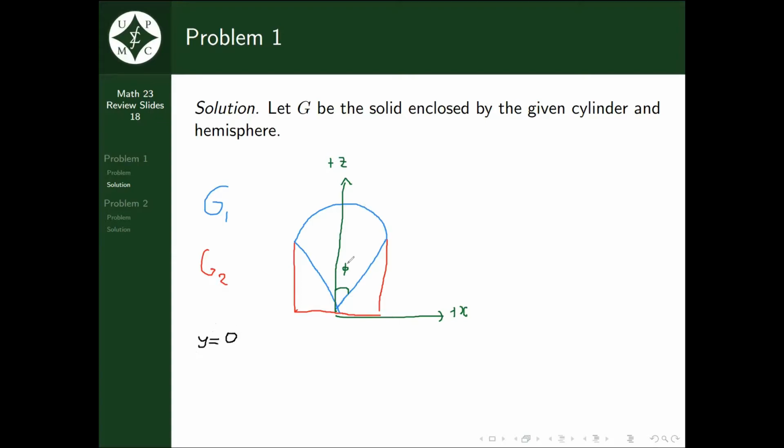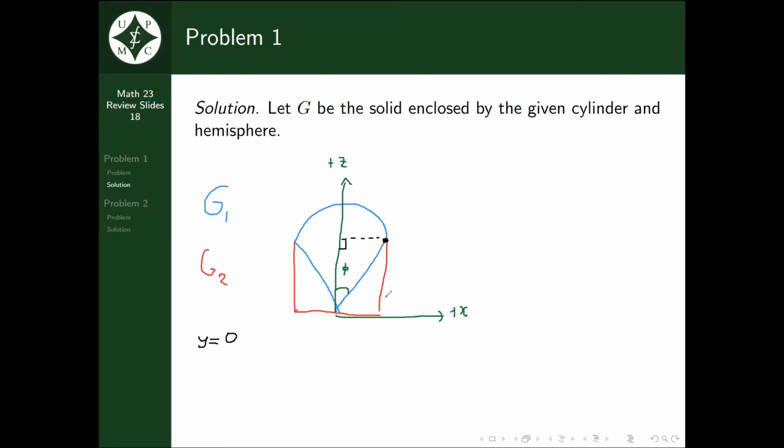Well, let's note that projecting on the XZ plane basically means that we set y equals 0. So if we look at the equations of our cylinder and our hemisphere, we should be able to get the coordinates of this point right here. And then if we construct this right triangle, we can use our trigonometric functions to find the value of this angle phi based on the coordinates of this point.